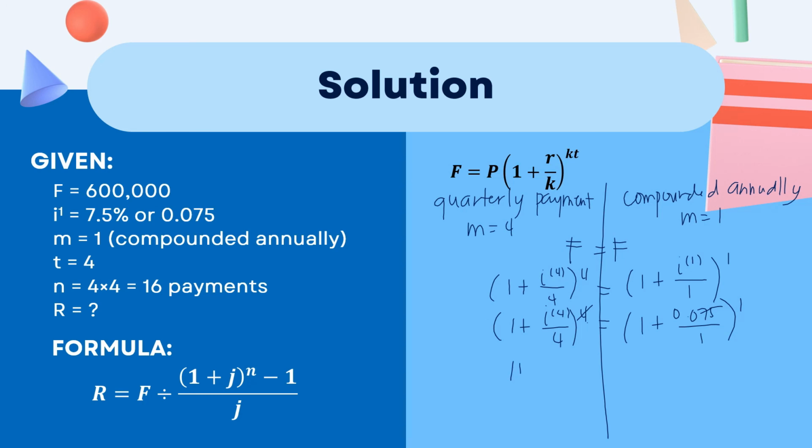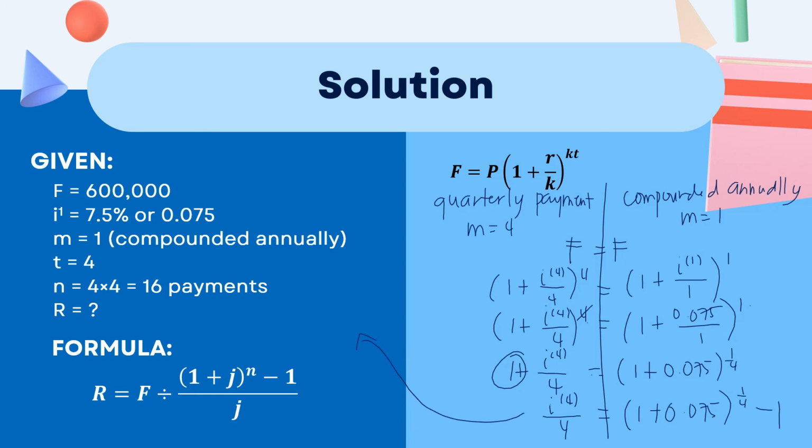So, we have now 1 plus interest rate over 4 is equal to 1 plus 0.075 raised to 1 over 4. Kasi 1/4 times 1 is 1/4 times 4. Then, minus 1. So, yung interest rate natin over 4 is equal to 1 plus 0.075 raised to 1/4 minus 1.